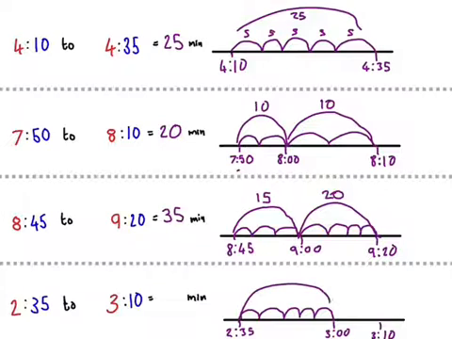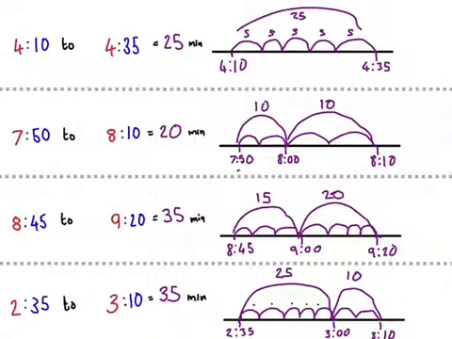So that's a jump of 5, 10, 15, 20, 25, 25 minutes. And then from 3 to 10 past 3, 5, 10. That's 10 minutes. 25 and 10 is 35.